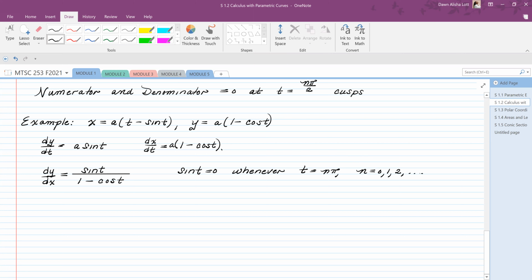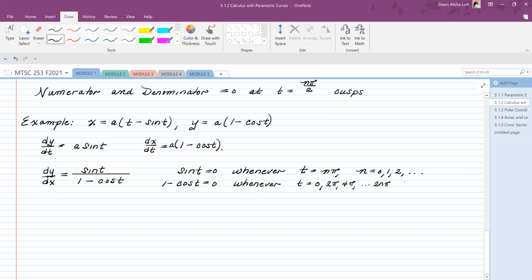And 1 minus the cosine of t is equal to 0 whenever I get 0, 2 pi, 4 pi, or 2n pi.